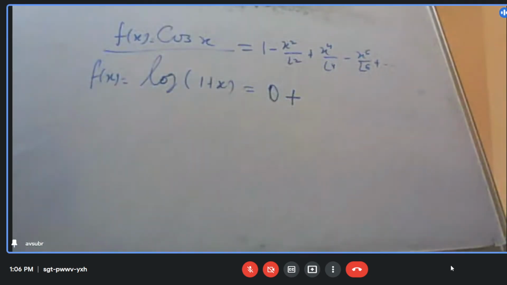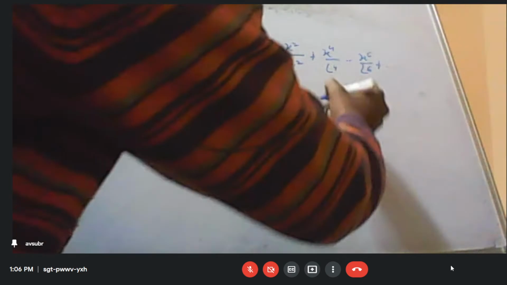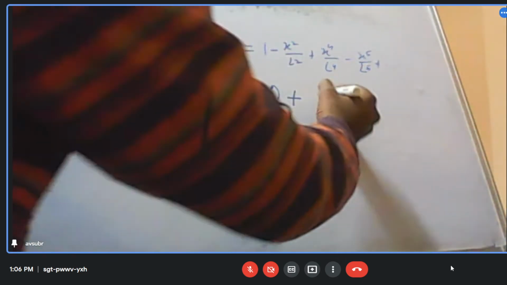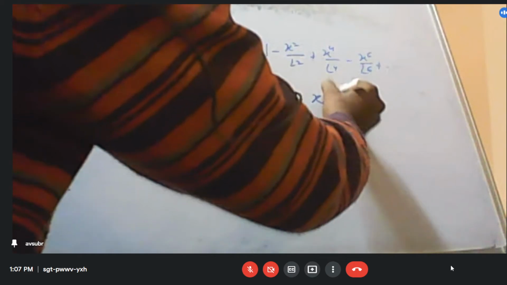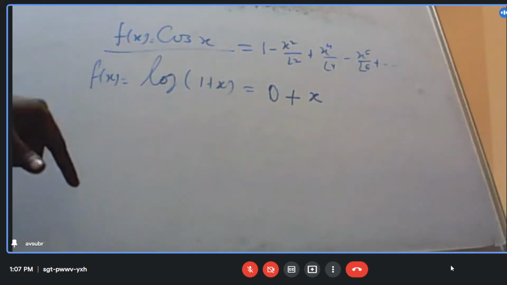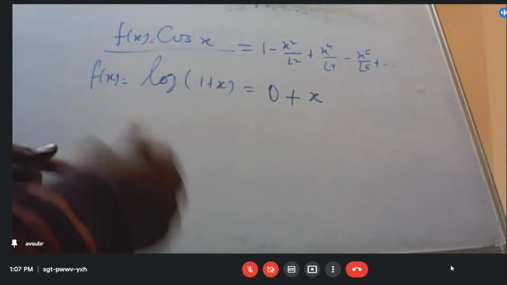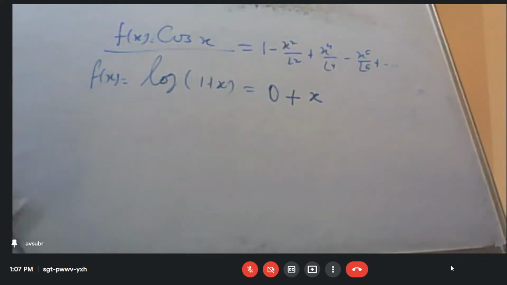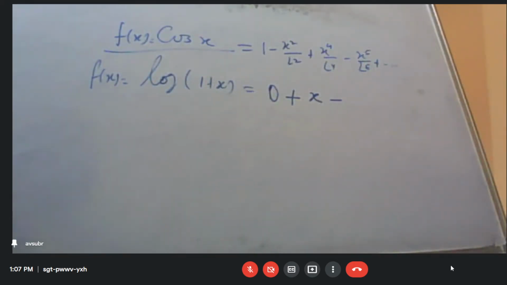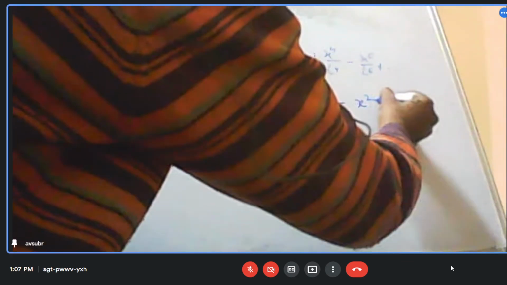Next term 1 by 1 plus x into x, तो x आएगा simply. x equal to 0 पर 1 by 1 plus x होगा. Then minus x square by 2.